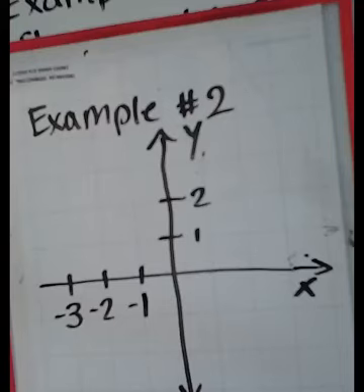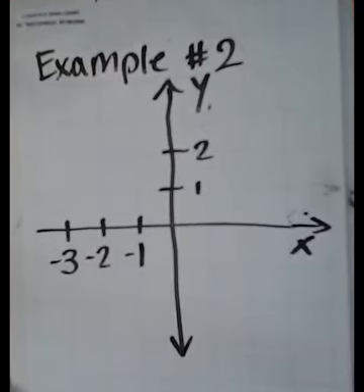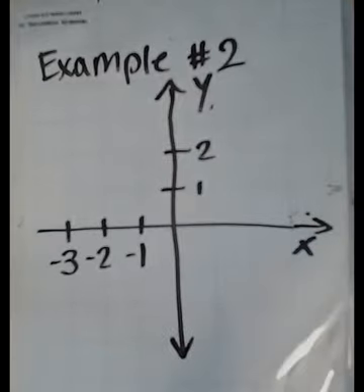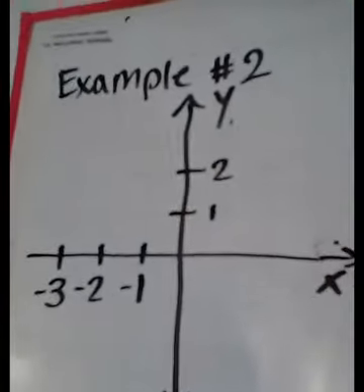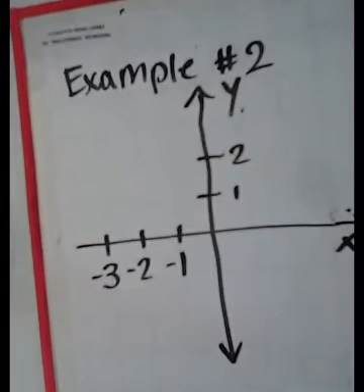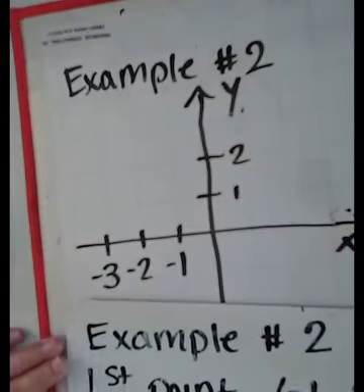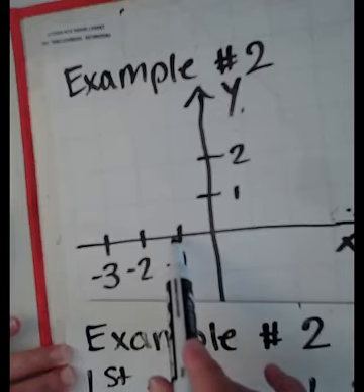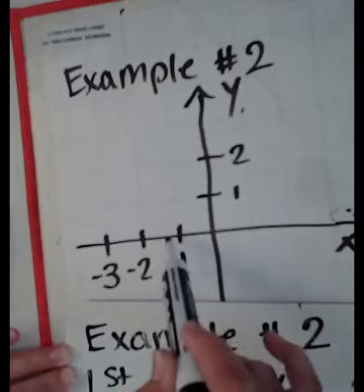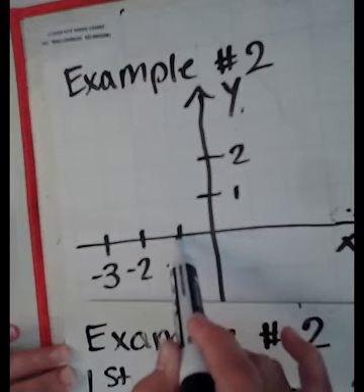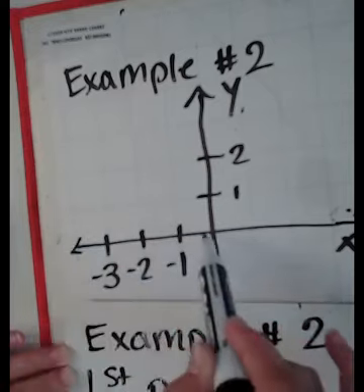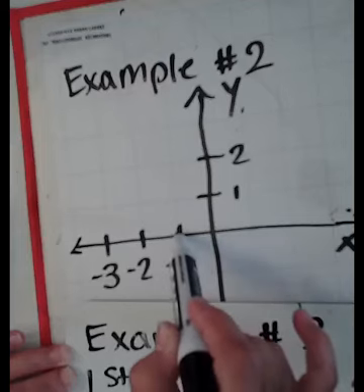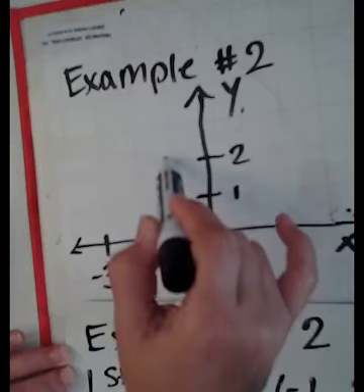Now let's graph example 2. The first point has an x value of -1 and a y value of 2. So we'll go over to the left -1, and we'll go up 2.